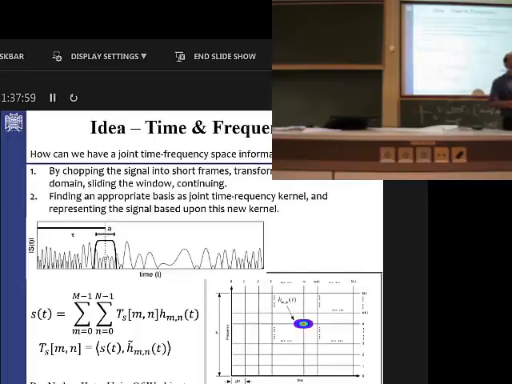So whenever you see this phrase, windowed Fourier transform, it's a joint time-frequency analysis which has this kind of structure: a window, and the type of the window can be different. It can be a Hamming window, a Gaussian window, whatever. It doesn't matter. We have a fixed-length window that you slide over the signal.